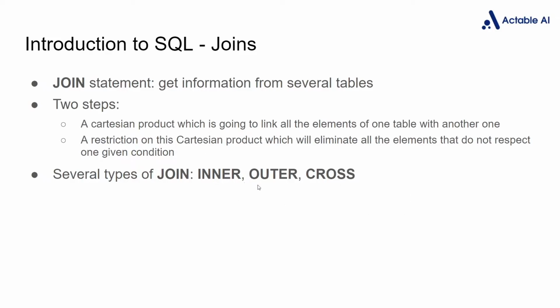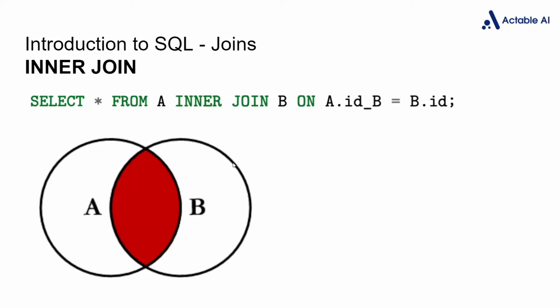But first of all, we also have to remind ourselves that there are three different types of joins: inner, outer, or cross. Now let's see. First, the inner join. The syntax here is the following. We still select, so here star to represent all the columns from A. So we have a table A. And then we say inner join B, so table B, on, and on here is the condition we were talking about just before.